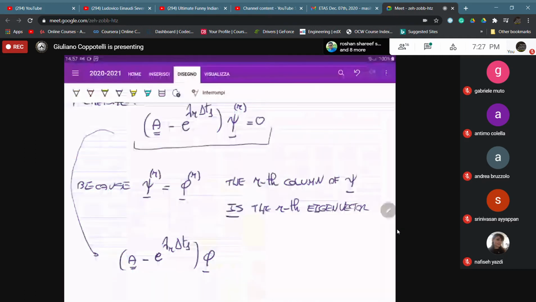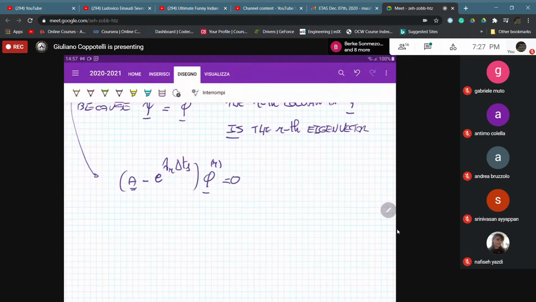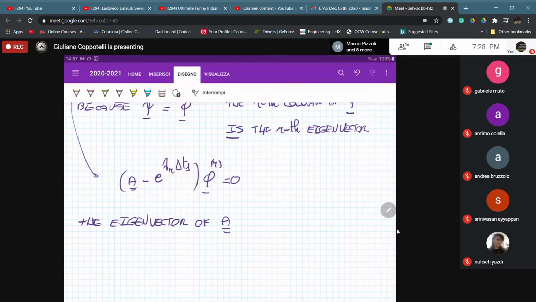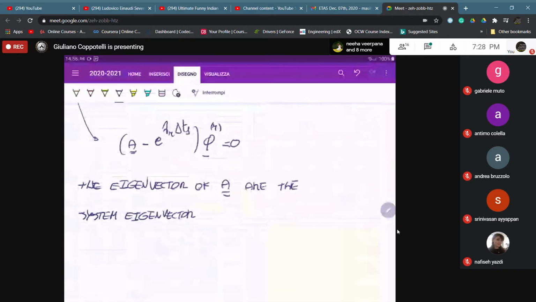Okay, so what we got so far is that the eigenvectors of the state transition matrix A are the system eigenvectors. Okay, and that is the first.